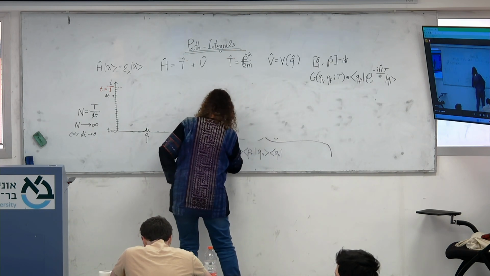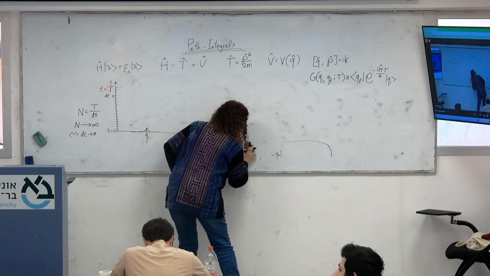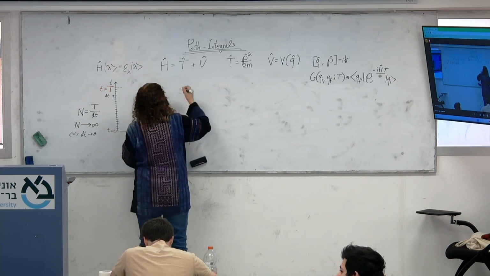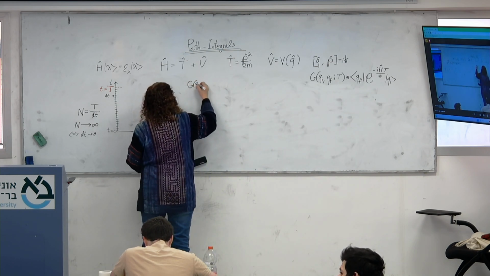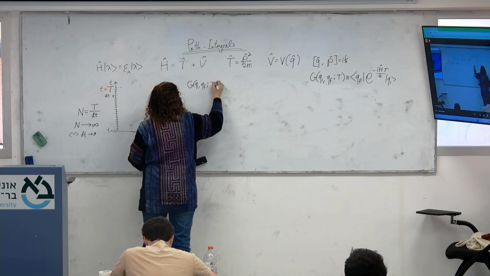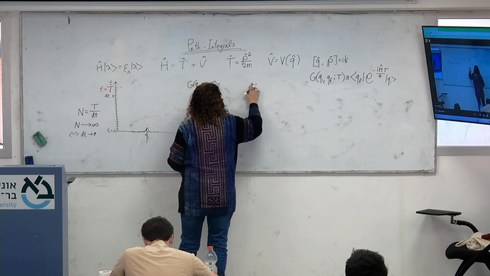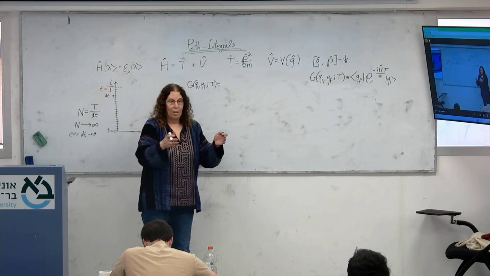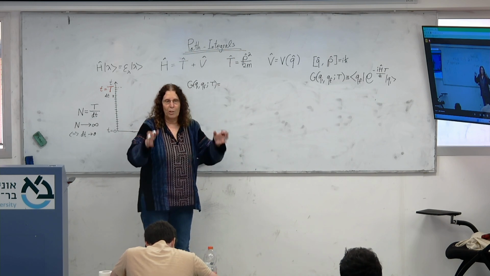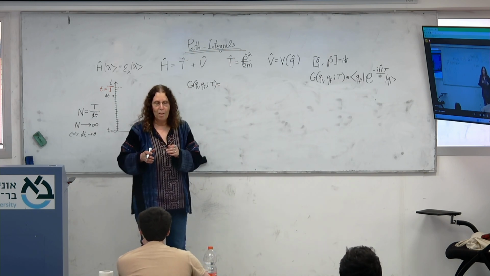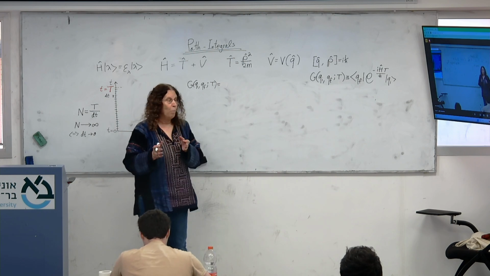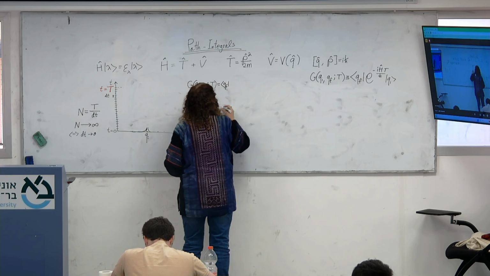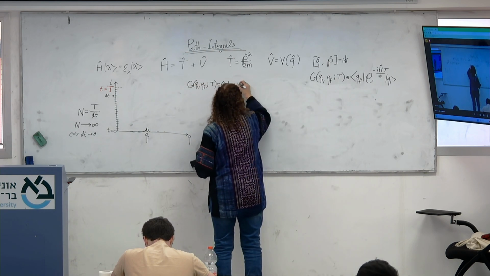And what I'm going to do now is to write an expression for G of Qi, Qf, T, which after I'm done putting all these resolution of identities in between each operator, what I'm going to get is just a product of many things, but all of them are C numbers, no longer operators. So at the end I have a Qf, and I have here things and things.